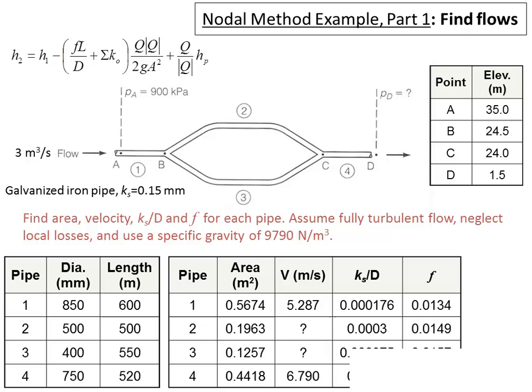Good. If you only go to 1 decimal, if you go to 3, it's a little bit different. Okay, so it looks like the head loss is the same regardless of route.